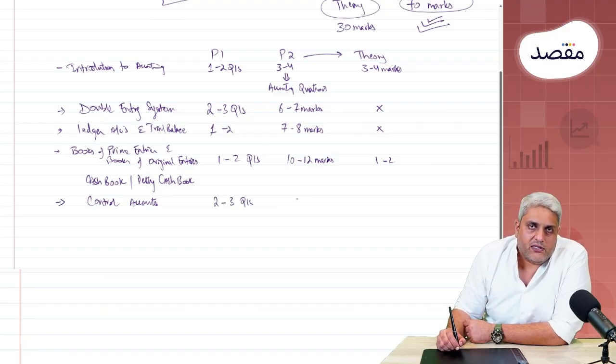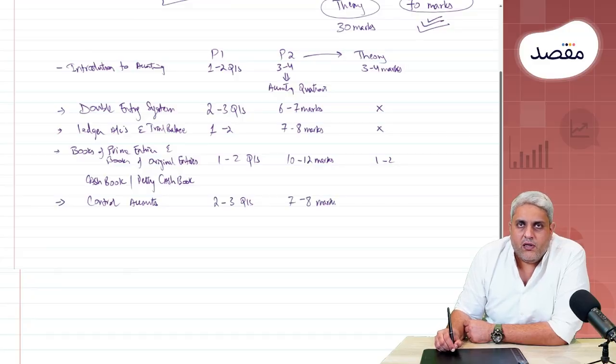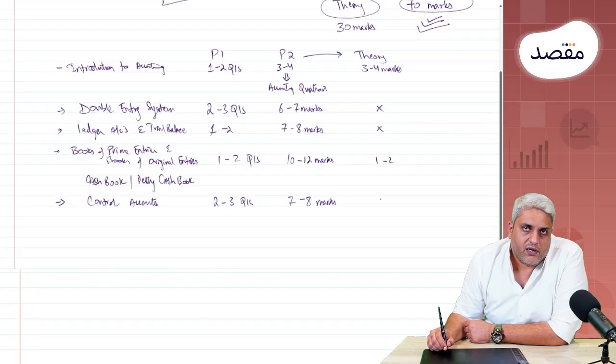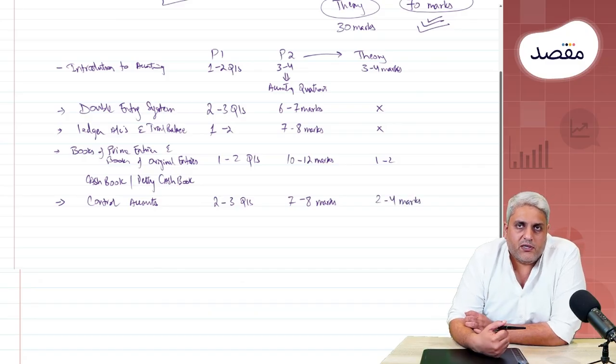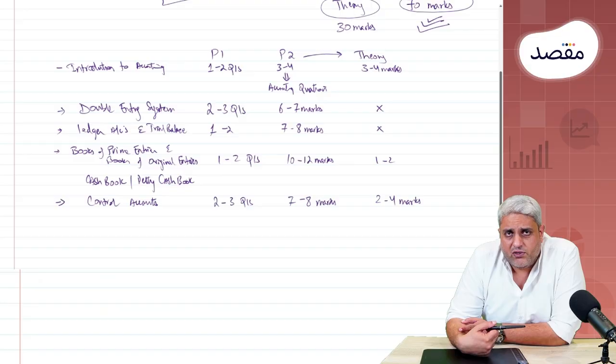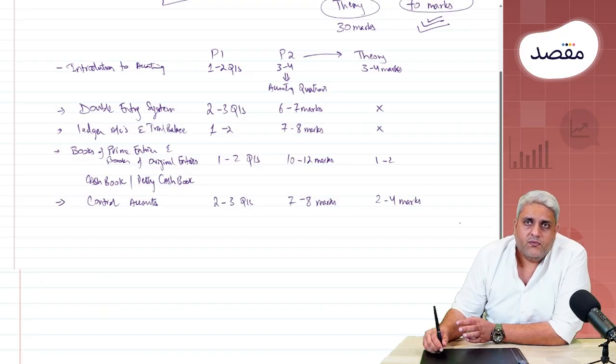If the question is examined, 7 to 8 marks. And yes, control accounts related, 2 to 4 marks key. Theory can also be examined. Benefits of control accounts, uses of control accounts, and so on.